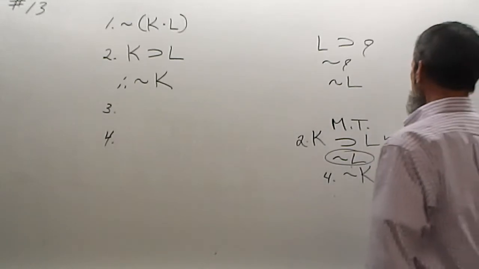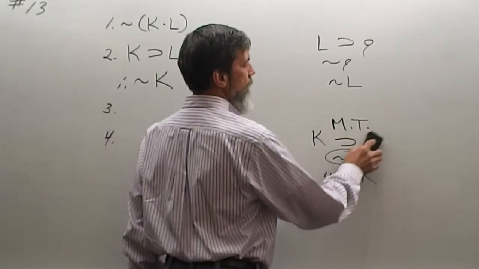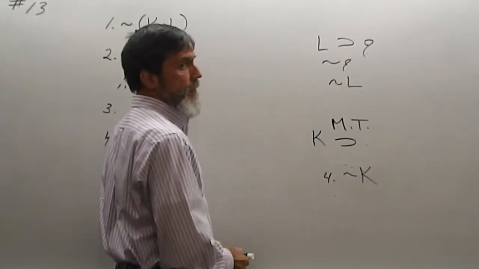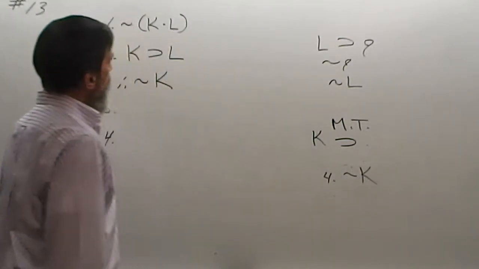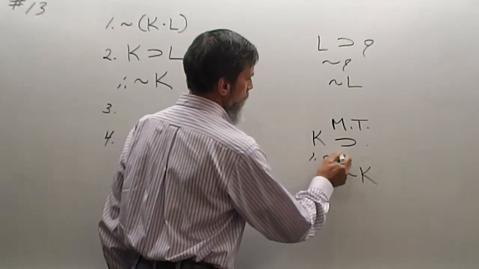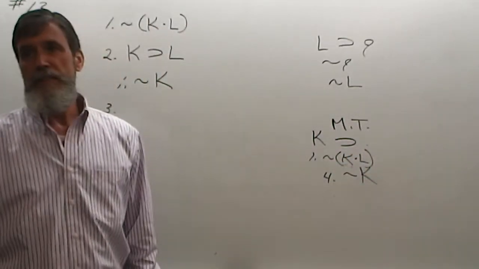All right? So, no big deal. We made the wrong assumption. It's not line 2. It's going to be that first premise. Therefore, it has to be line 1. That's our second premise. It has to be.